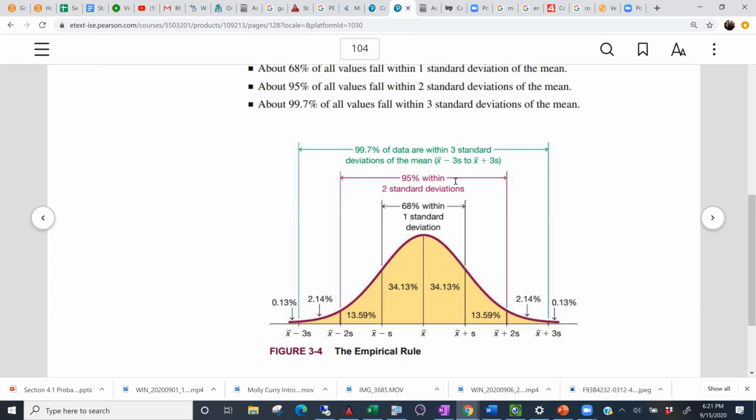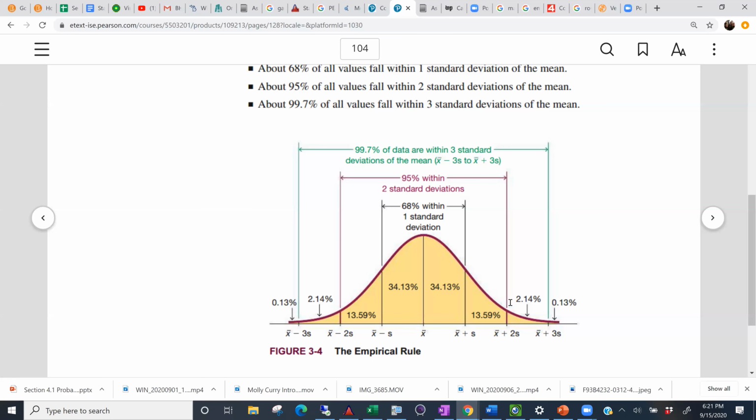Within 2 standard deviations, now you're up to 95% of your data. Within 3 standard deviations, 99.7% of all of your data is within 3 standard deviations of the mean. So after 3 standard deviations, you've only got 0.3% of your data. There's 3 people in 1,000 outside of that range.